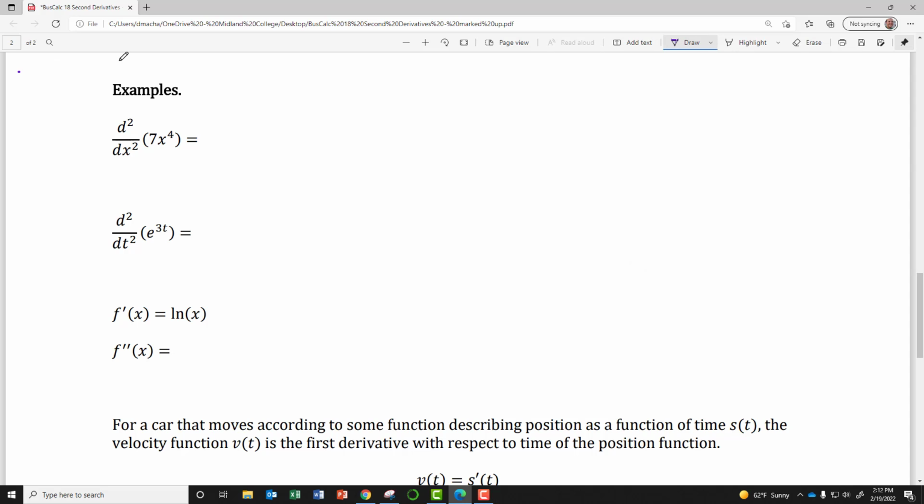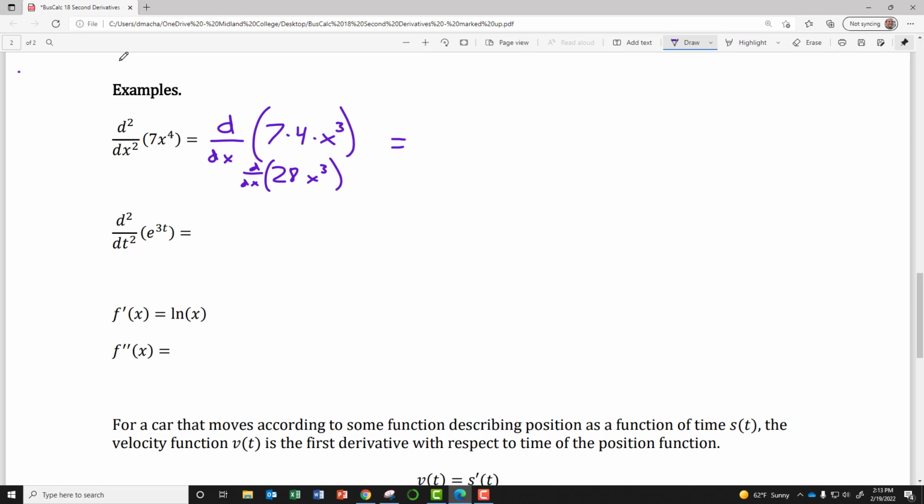For the second derivative with respect to x of 7x to the fourth, well, let me take one derivative at a time and say that my first derivative would be 7 times 4 times x to the third power, just talking about derivative power rule. So I could write that the derivative is 28x to the third.